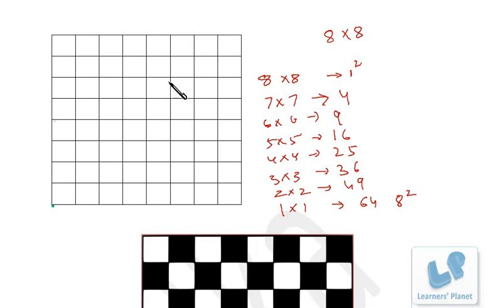Now how exactly are they getting framed? Just listen to me carefully. Now 8 by 8 and 1 by 1 I don't have to show. 7 by 7. The first square will start from here and end over here, right? This is 7 and similarly this, right? So this is A, B, C and D, right? Now this A, B, C, D is shifted to this point. So one step movement this way.